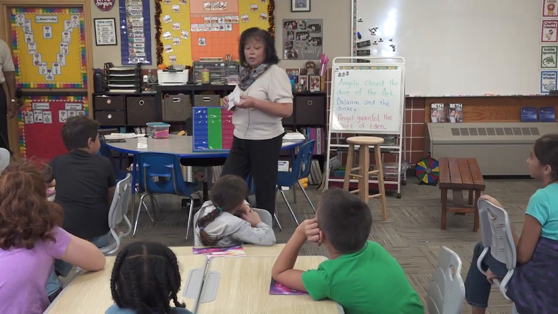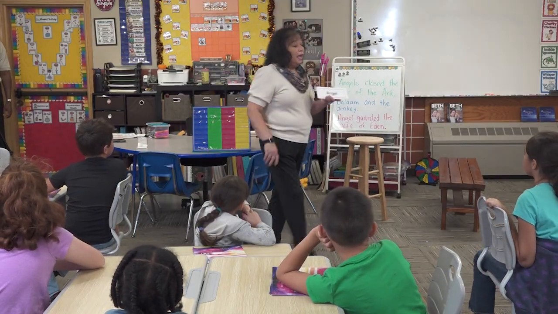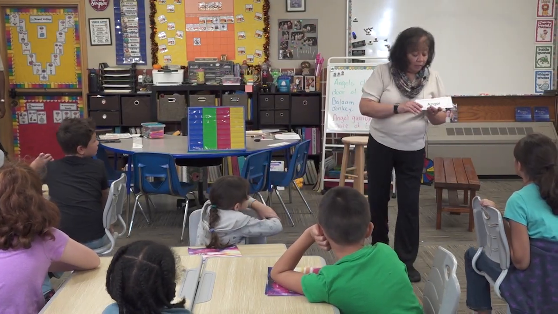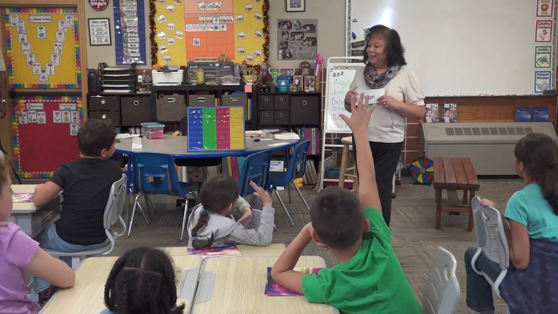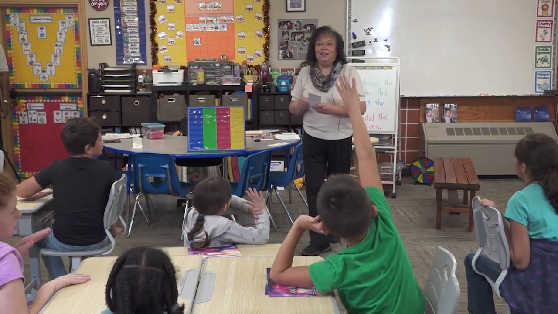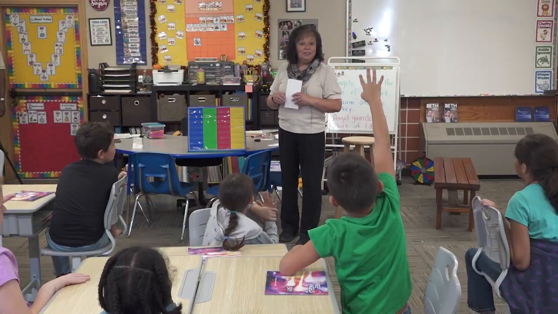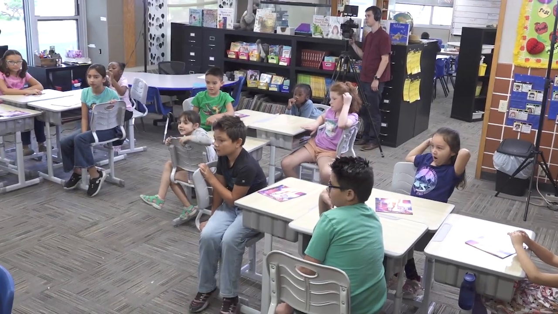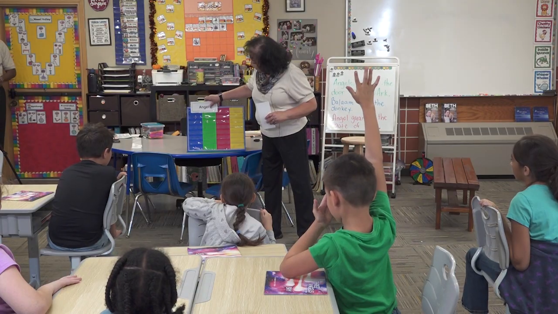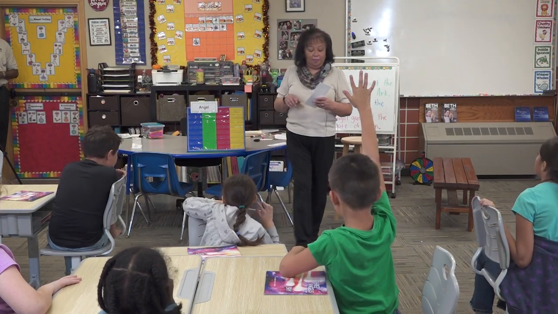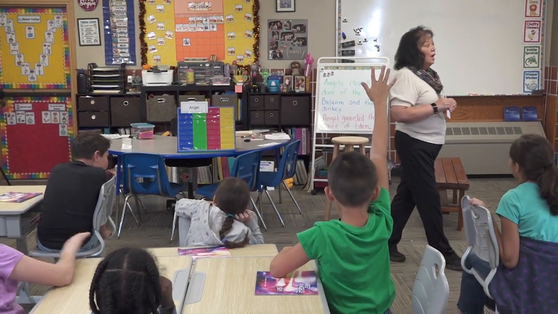Okay, so now we're going to learn our vocabulary words that go with our book. Okay, so obviously our first word is angel. So we're gonna put angel right in here. Okay. All right.